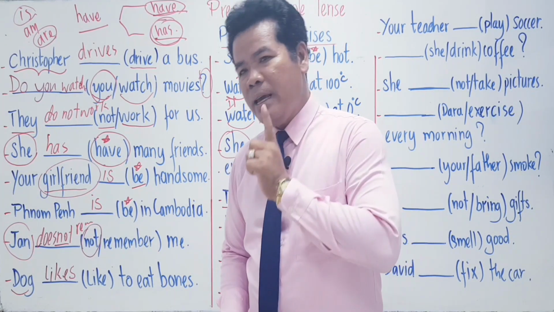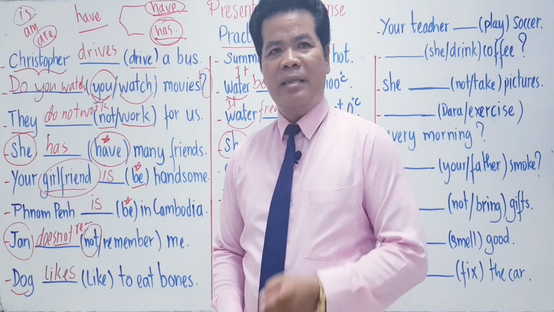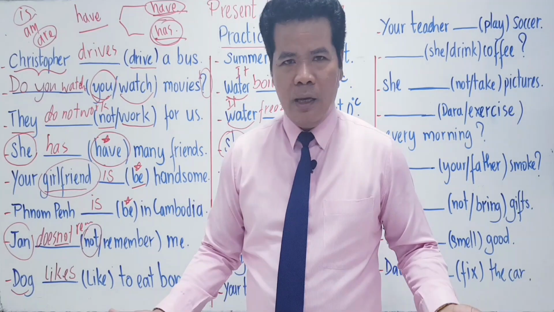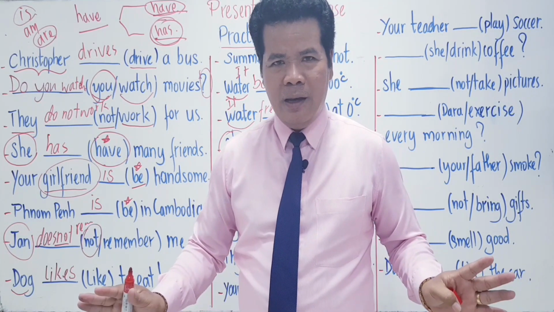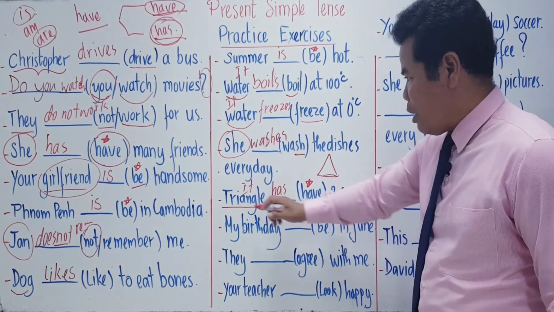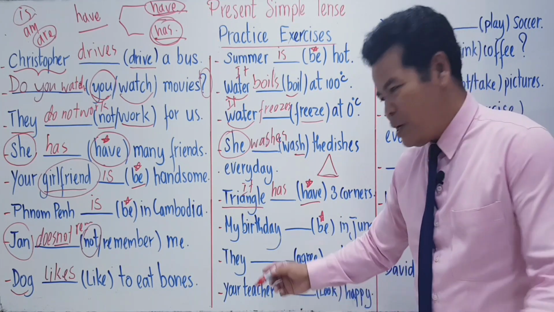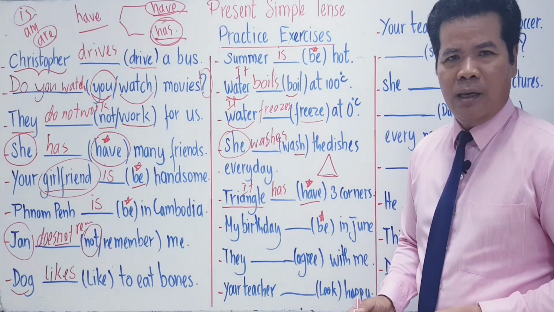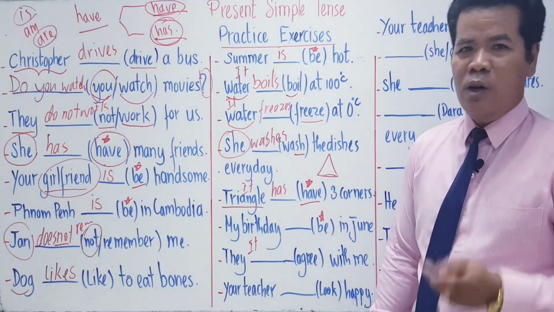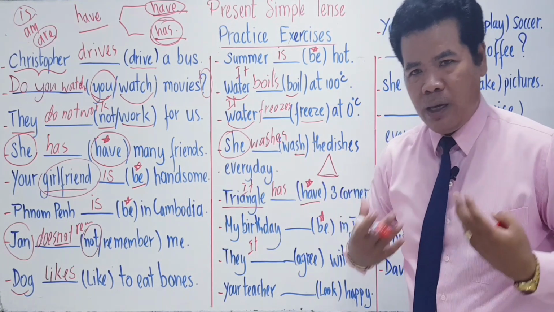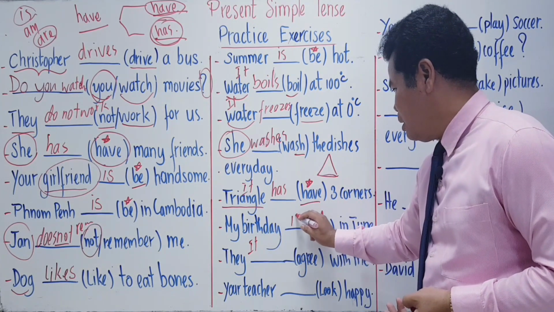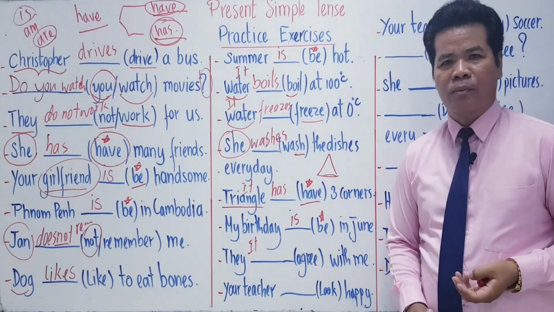But in case the subject you use in the exercise is not a third person singular, I, we, you, they, do not care about S or ES, right? So look at the subject. Birthday. How many birthdays is that? Just only one birthday. So use "it" to stand for birthday. It's only my birthday. It's not your birthday and mine. Okay? So what do you say? My birthday is in June.